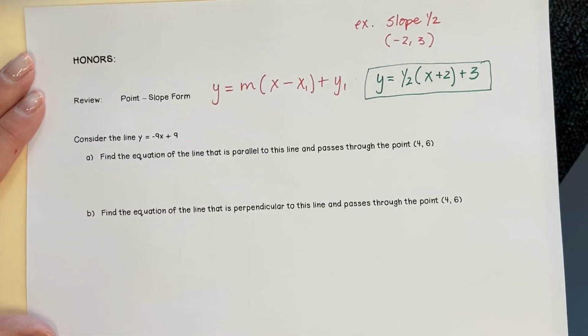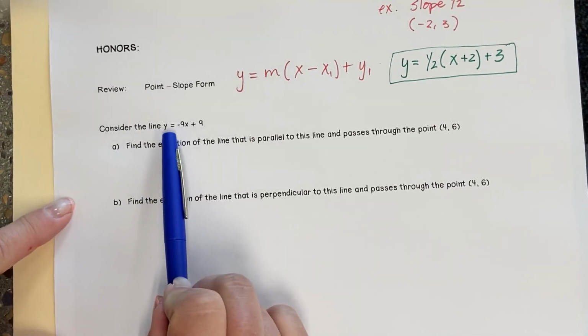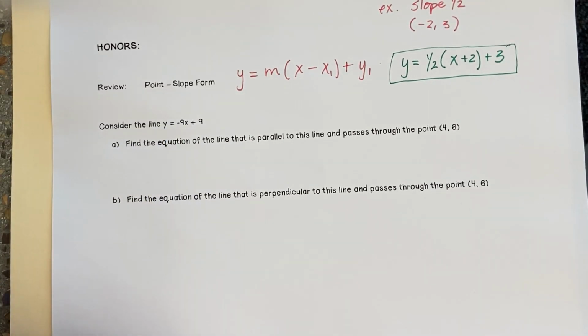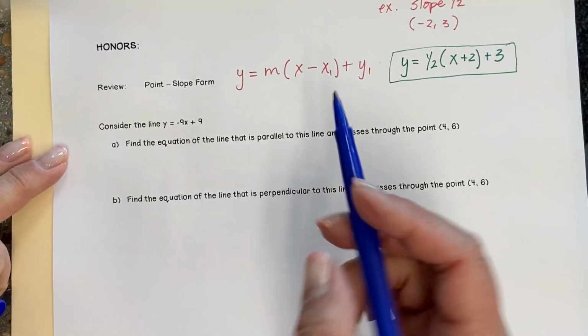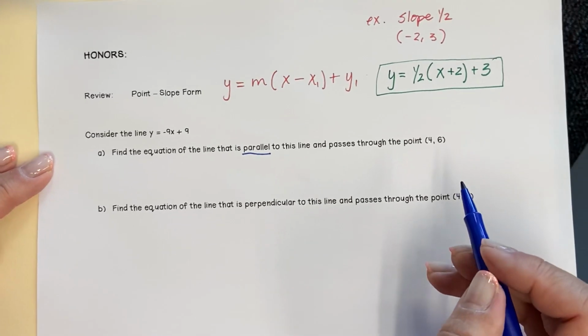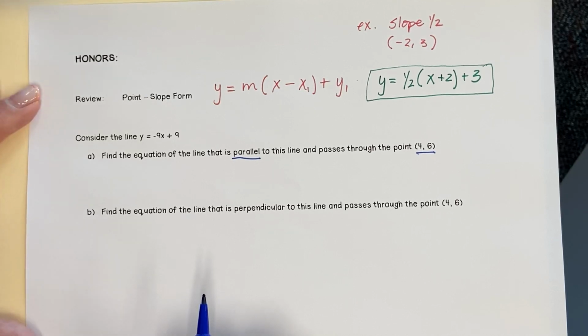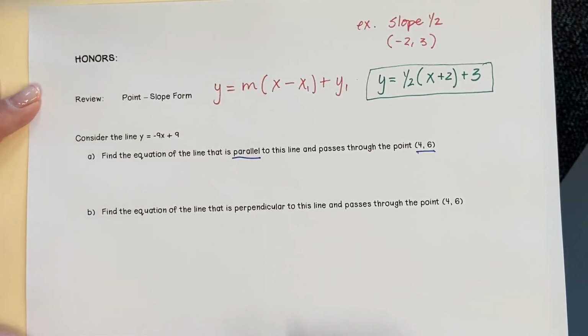All right, so on your homework, you're going to see a few problems like this. Consider the line y equals -9x plus 9. They want you to find the equation of the line that is parallel, so we have the same slope, but it's going to pass through this particular point, 4 and 6. So you're going to use your point slope form.